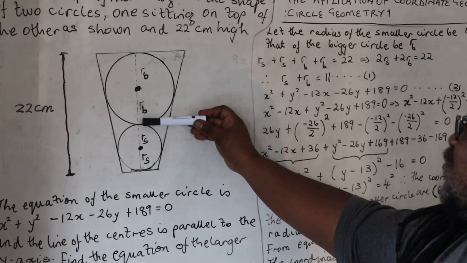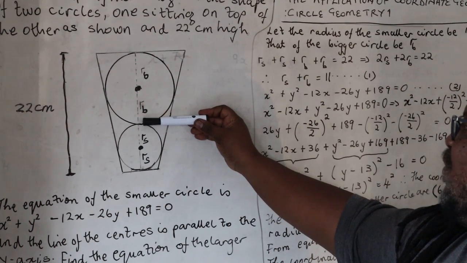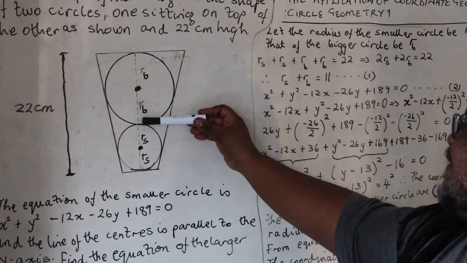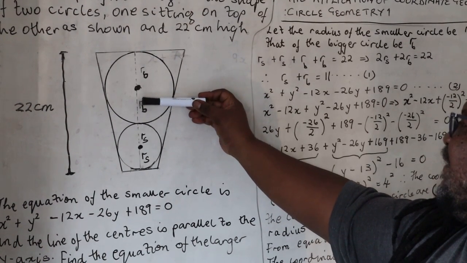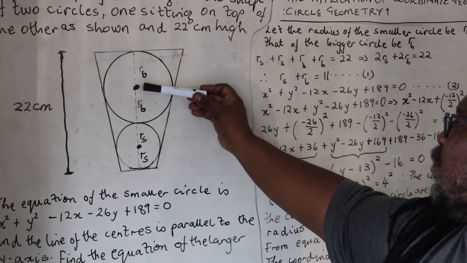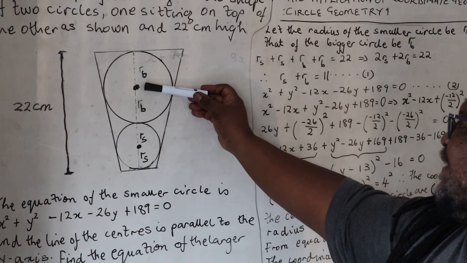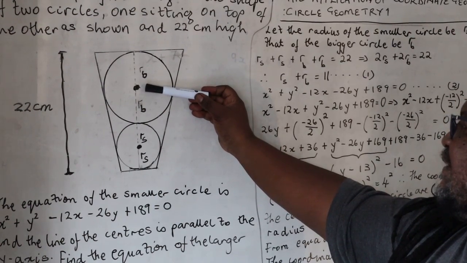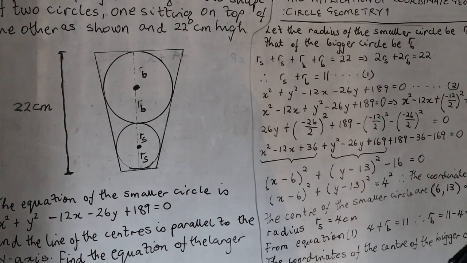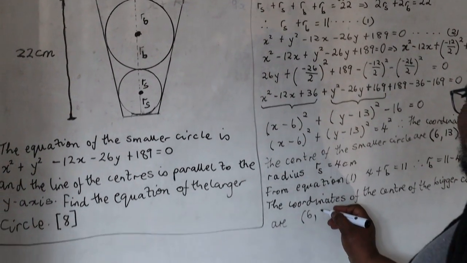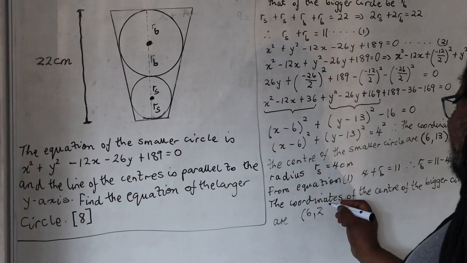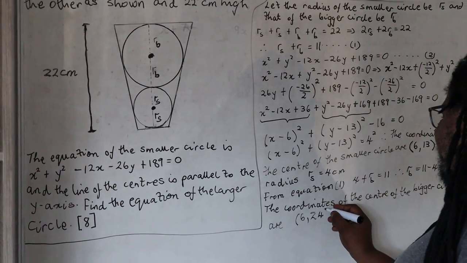So this point would be 13 plus 4, which gives us 17, and the 17 plus 7, because the radius of the bigger circle is 7, this would be 24. So at that point there, we know that the y coordinate is 24, and that is the y coordinate of the larger circle. So we put that at 24 there.